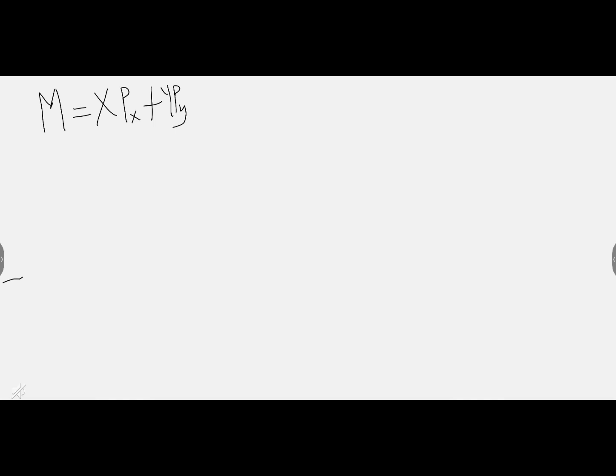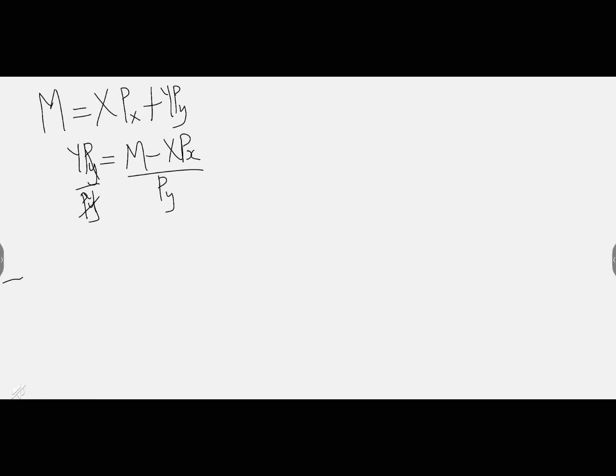So the slope of the budget line now, you make y the subject of the formula to get the slope. So we have yPy equals M minus xPx. So you divide through by Py to make y the subject of the formula, because we are trying to get the slope of the budget line.